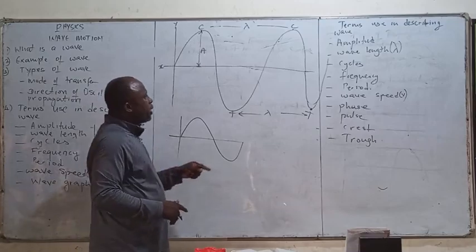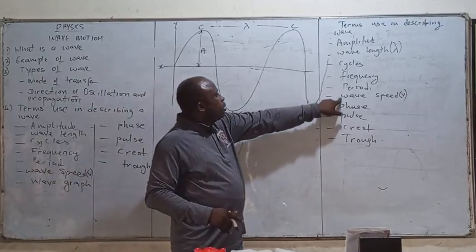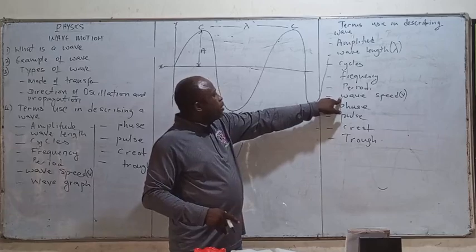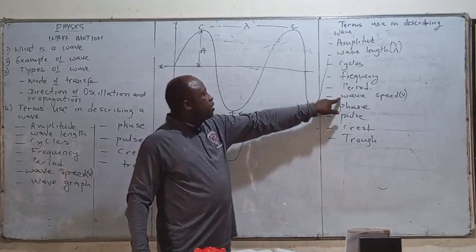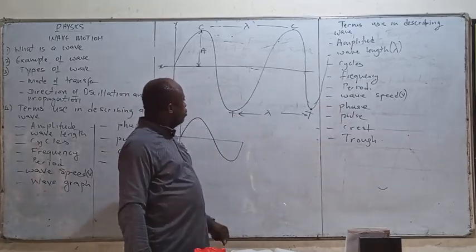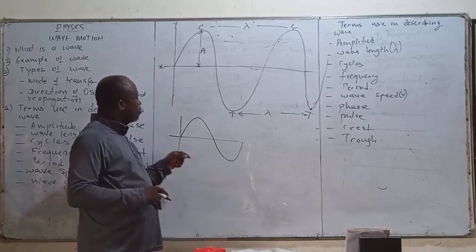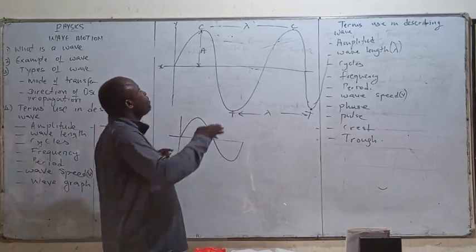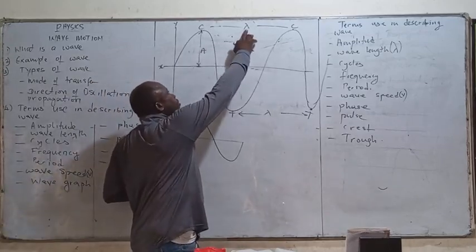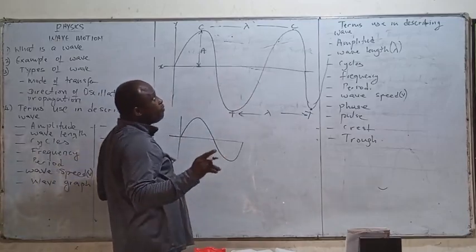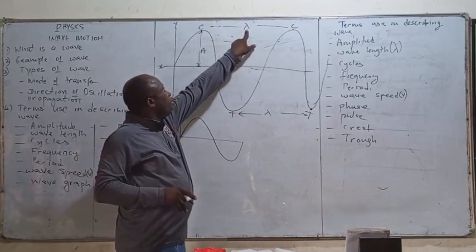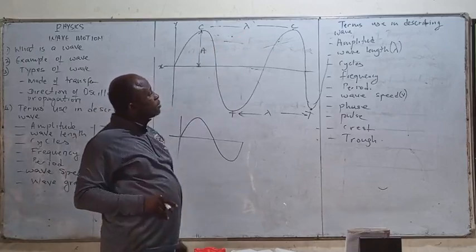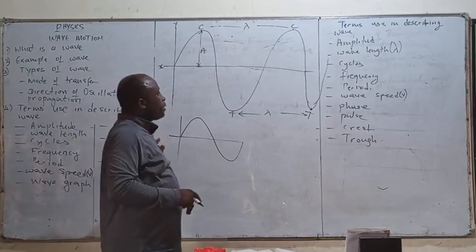Wave speed is the time rate of change of displacement. Displacement here is talking about lambda, or wavelength. So we can also define it that way.